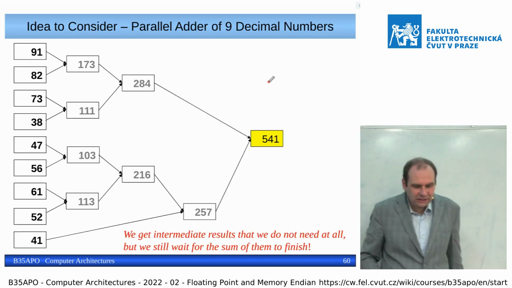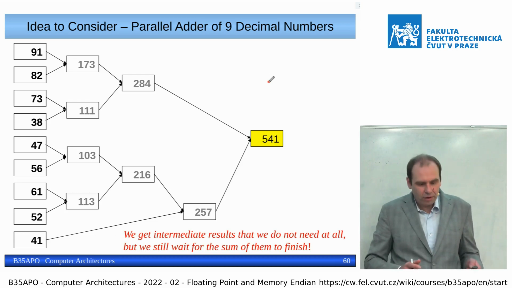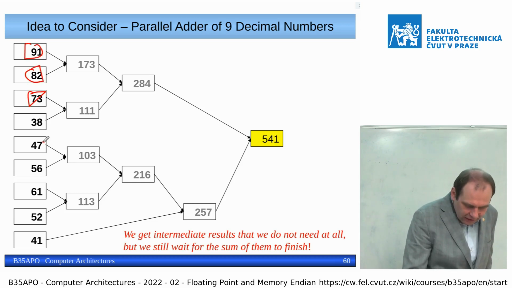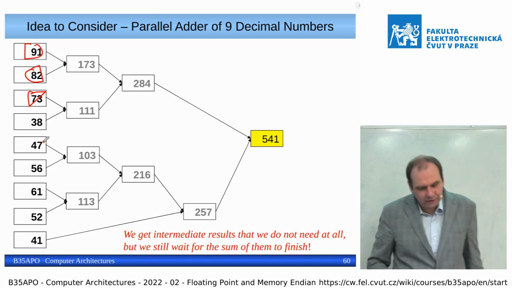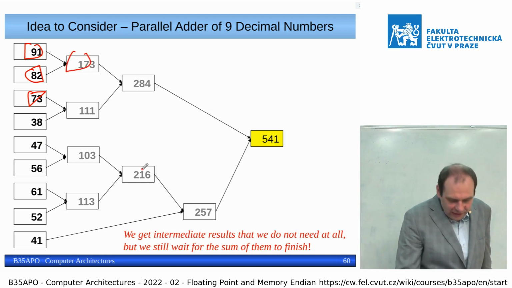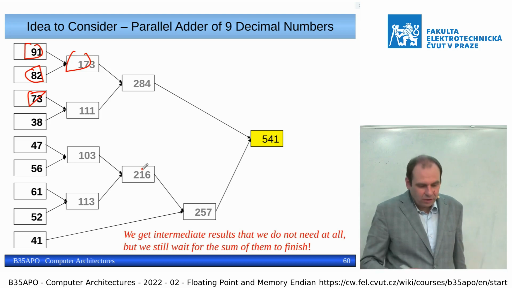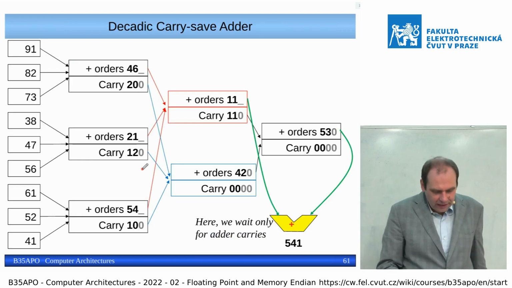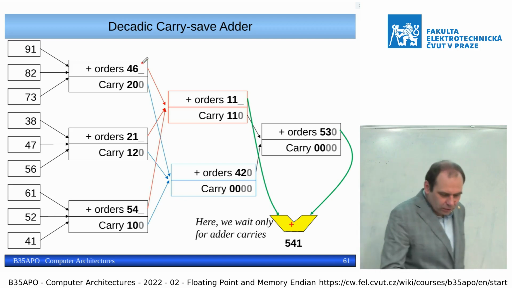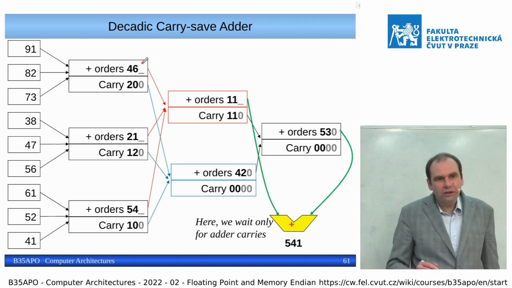And because this addition of many components is complex, then, for example, we can try to build a tree which adds values together in pairs, and then again in pairs, and so on. So this is in the decimal system, and we can even do another trick: when we add the values, we ignore the carries.